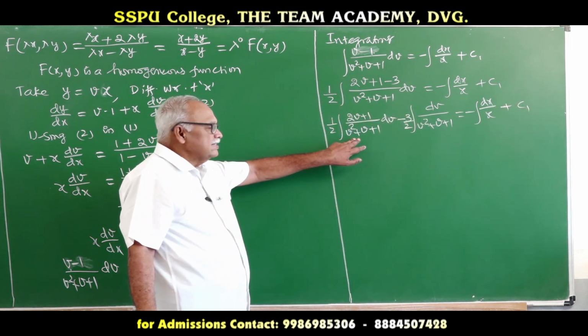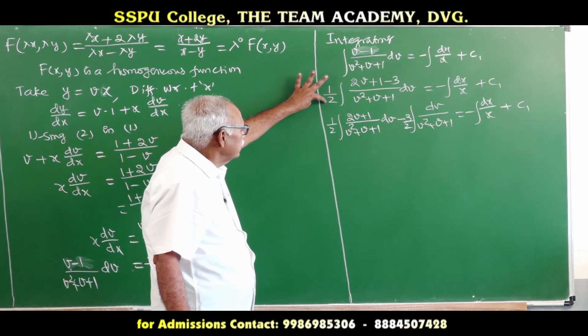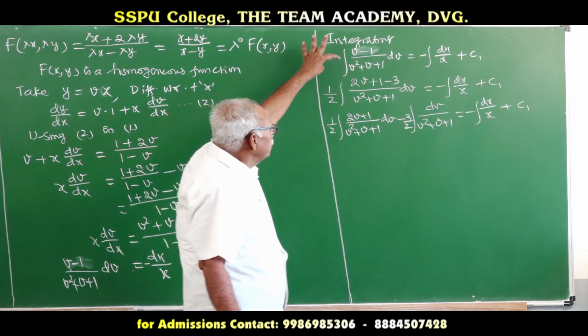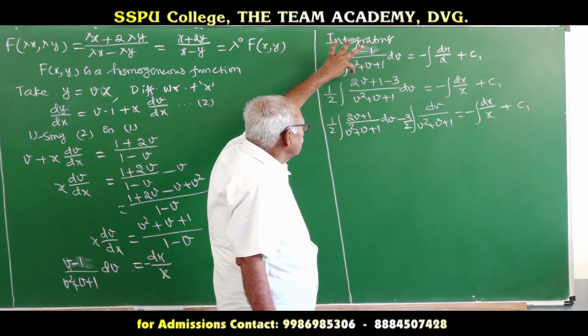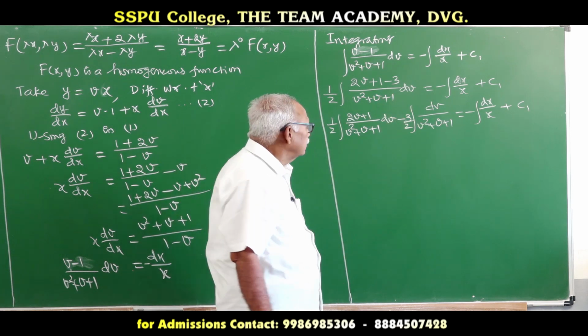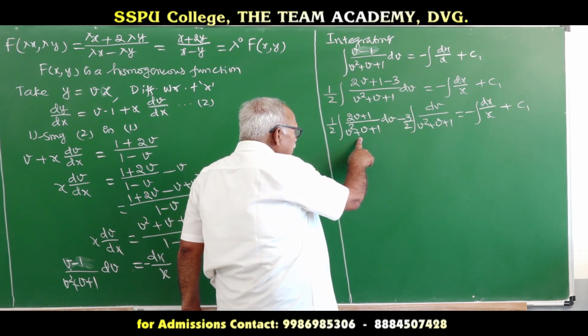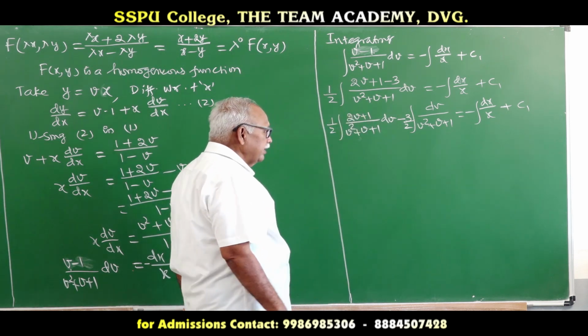Now, this substitution method will work. Here I have multiplied and divided by 2, we get 2v minus 2, in that 2v plus 1 minus 3 we should write it. So, the denominator is the substitution t, and the numerator becomes dt.